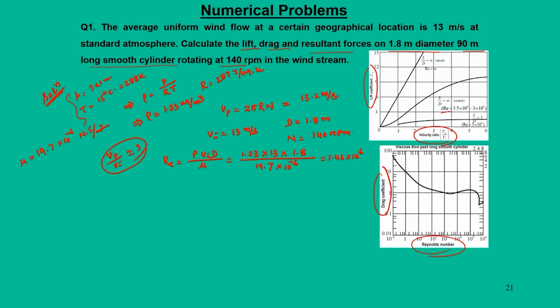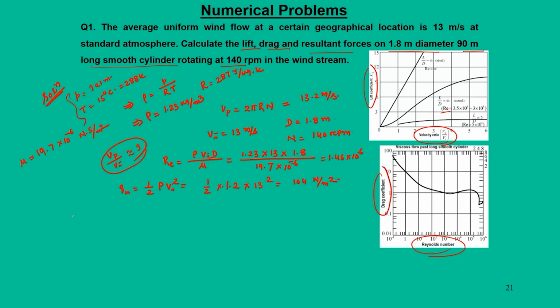So, we have all the things, and of course, another term, dynamic pressure Q infinity, half rho Vi square, that is half 1.2 into 13 square. So, this number is 104 Newton per meter square.